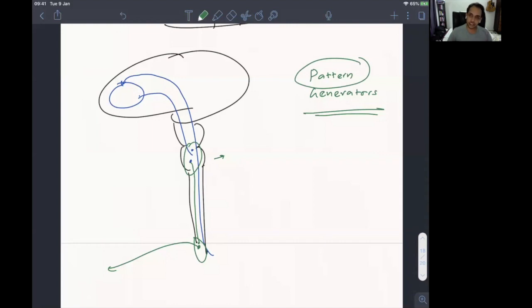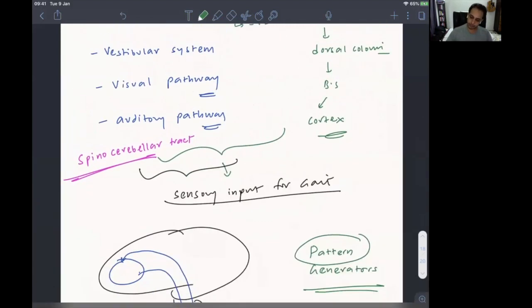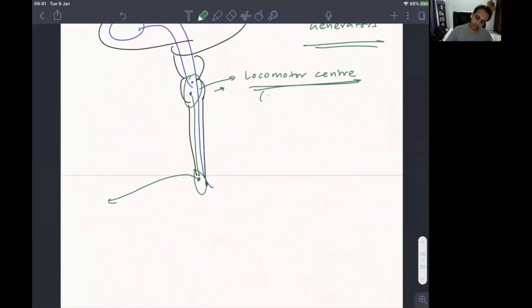And the pattern generators in your brain are in the brain stem. And this is called the locomotor center. I'll explain how the locomotor center leads to walking, but for now, just remember that there's a locomotor center in the brainstem, primarily in the pons and the medulla.